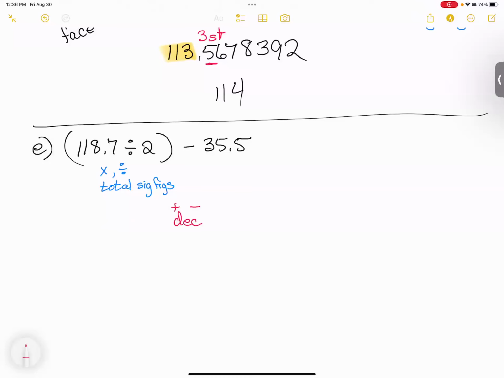118.7 divided by 2 gives us a value of 59.35. But what is the rule for multiplication and division? Total significant figures. And how many significant figures do I have that is the one with the fewest? I only have one.